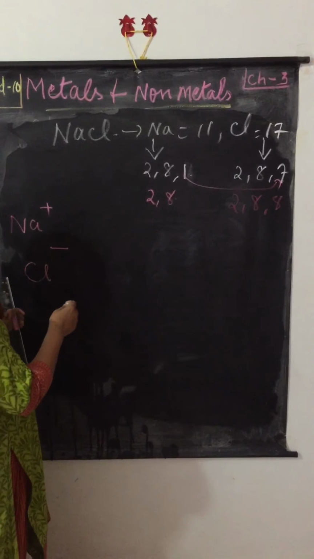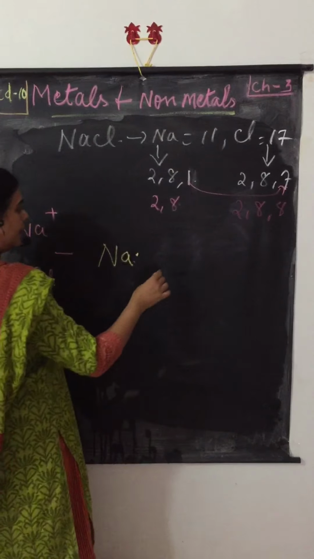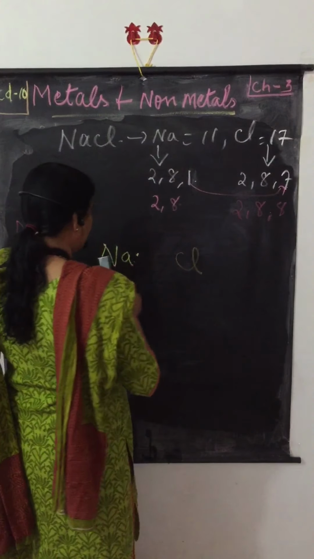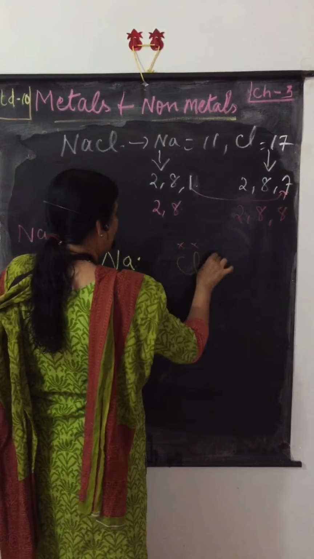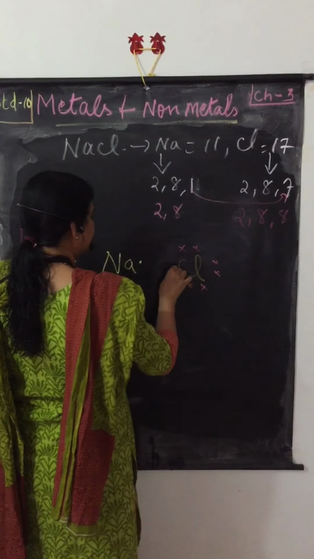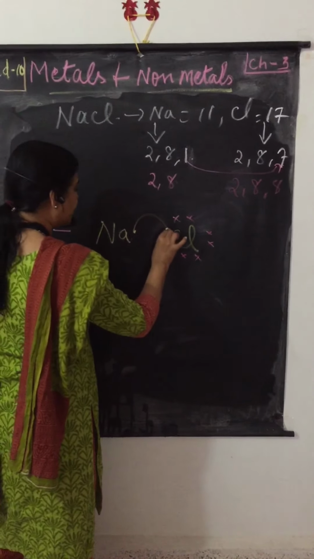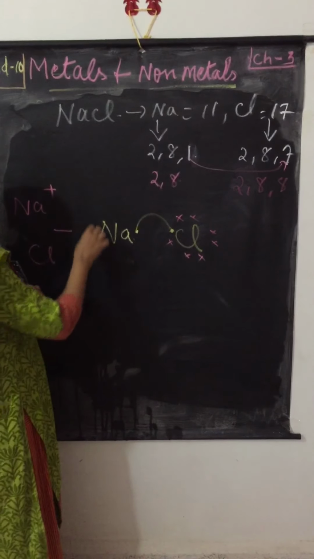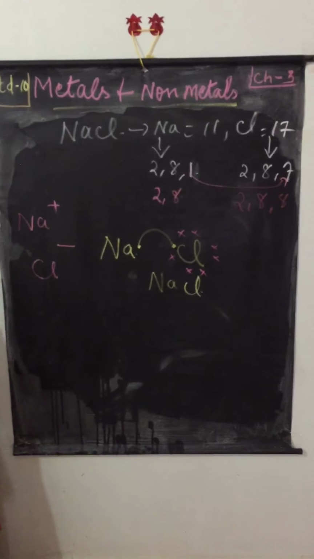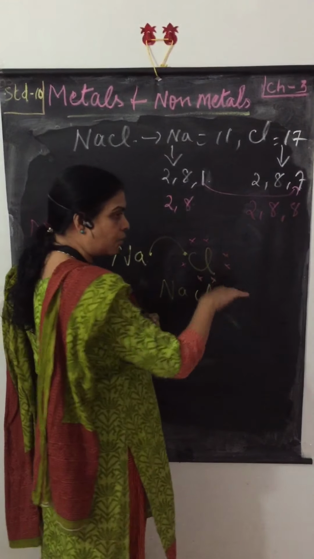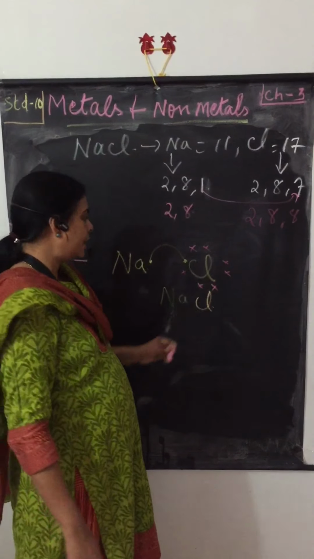Chlorine has 7 electrons in its outermost orbit, and sodium gives its electron to chlorine so that the compound becomes NaCl by transfer of one electron from sodium to chlorine, and chlorine accepts that electron. Such type of bonding is called ionic bond.